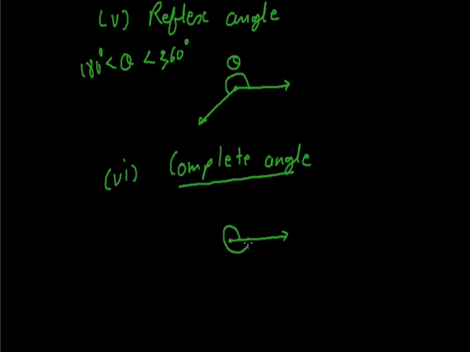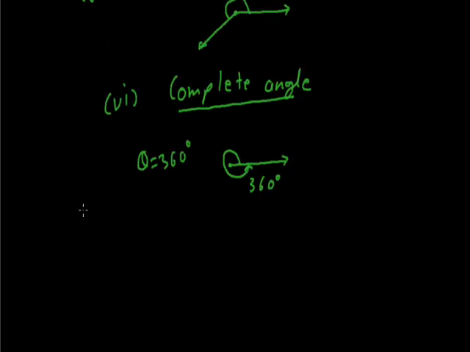After one rotation it comes again to the initial position. So the angle made by this ray is 360 degrees. Complete angle means the angle is 360 degrees. It means the initial ray has rotated completely through one revolution. After that complete angle we have a zero angle also.